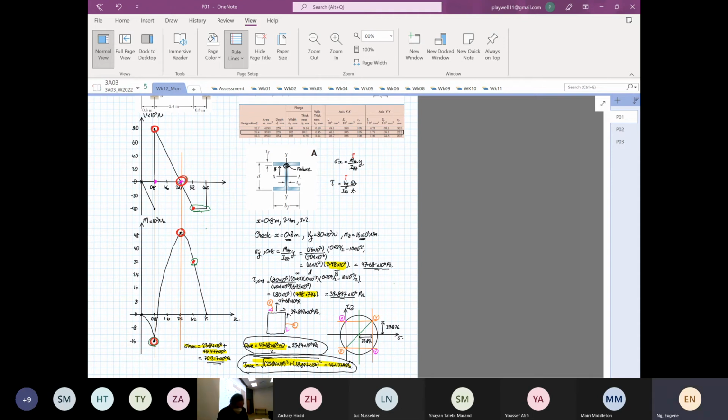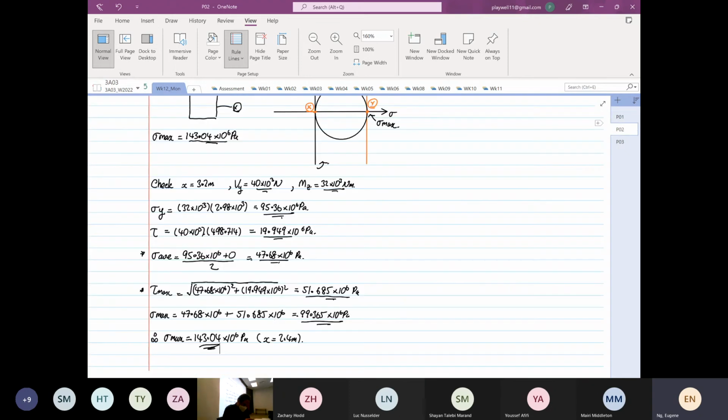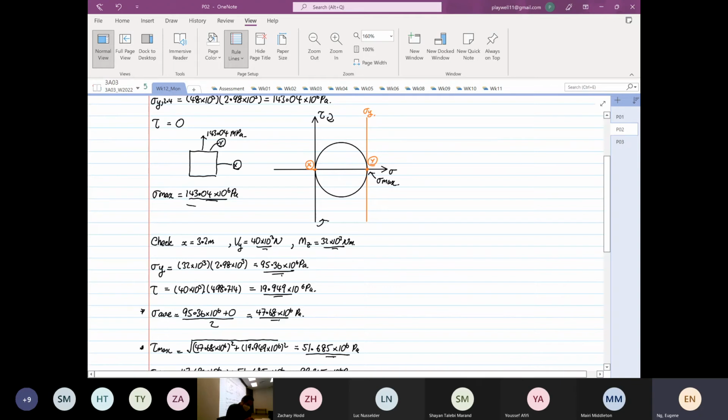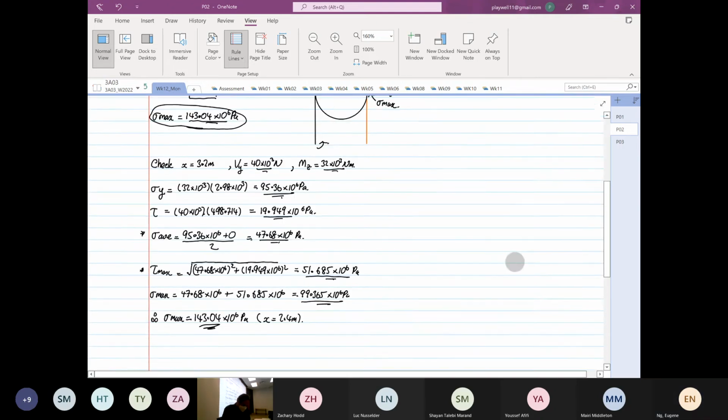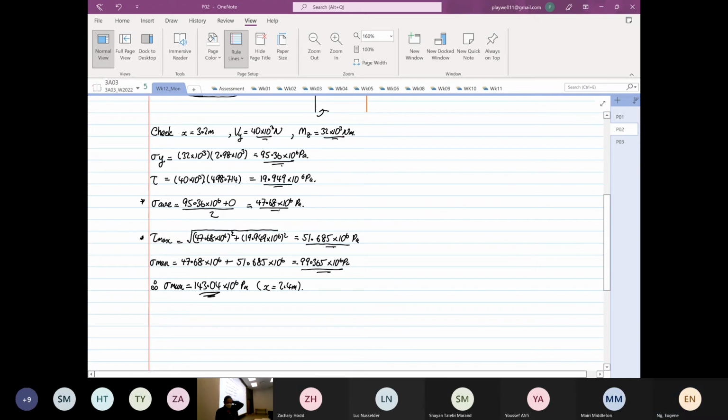Where was 143.04? Wait, did I make a mistake again? 143.04 is over here. It's the previous location where x is equal to 2.4, Arisa. I got another question: why is it the max?